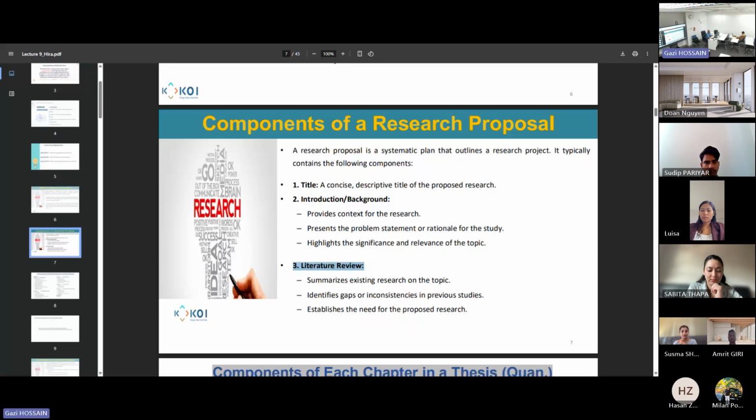Now, when we have those articles ready, we need to summarize and synthesize. In summarizing and synthesizing, if we just bring what they found and call this our review of literature, it is not enough.